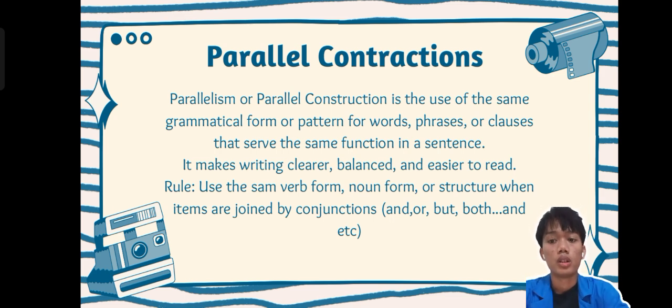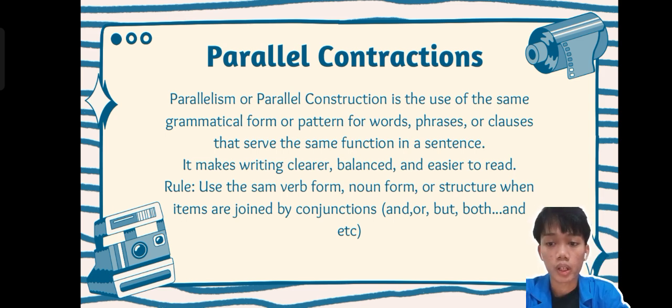For example, if one item in a list uses a verb in -ing form, the other should also use the verb in -ing form. So if another item or sentence uses a verb in -ing, the next word must follow and also use the verb in -ing. Parallelism is one of the most effective ways to make your writing sound fluent and professional.